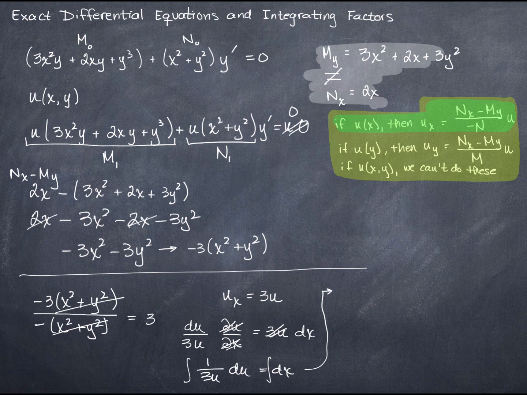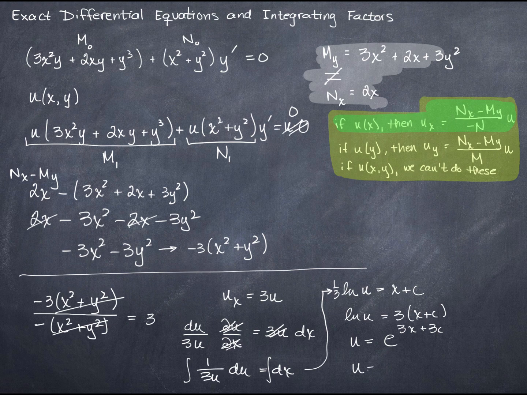That's just going to give me the natural log. 1/3 the natural log of u equals x plus c. Let's multiply both sides by 3. ln of u equals 3 times x plus c. So exponentiating both sides gives me u equals e to the 3x, and I'll just go ahead and distribute, plus 3c.